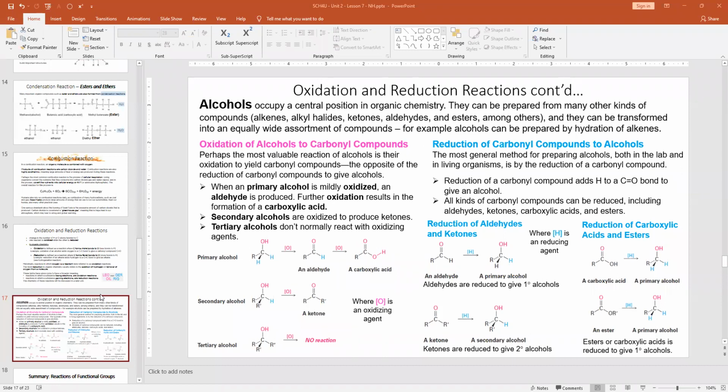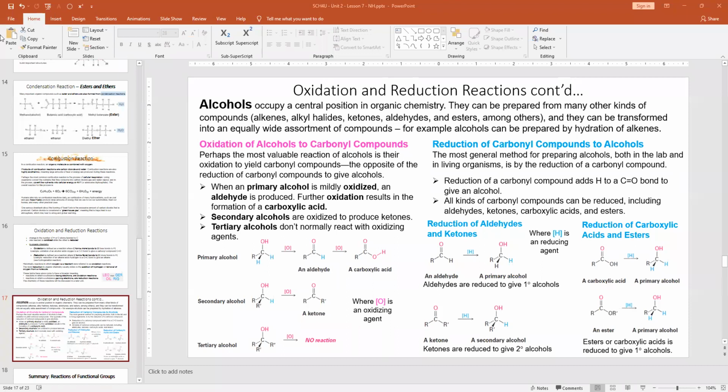They can be prepared from ketones or aldehydes and esters and many other compounds. They can also be transformed into a wide variety of compounds. For example, alcohols can be prepared by the hydration of alkenes.